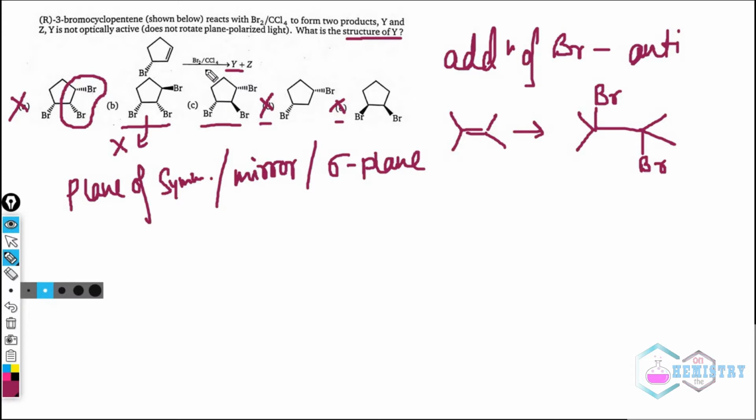But in this compound, if we try to draw a sigma plane, this bromine and this bromine are both below the plane, and this compound possesses a sigma plane. So option C will be the answer. If option C is Y, then Z will be B, but it has not been asked in the question, so C will be our only option.